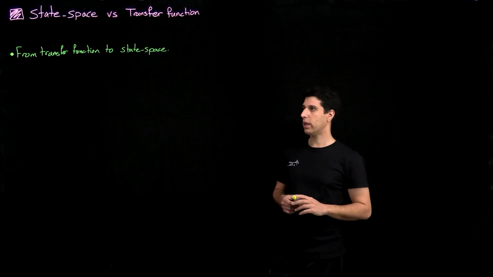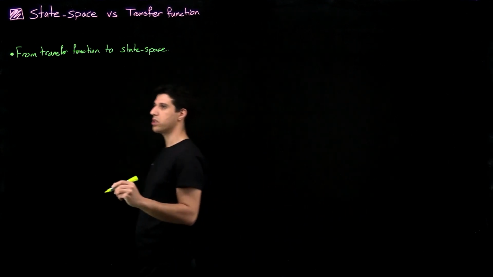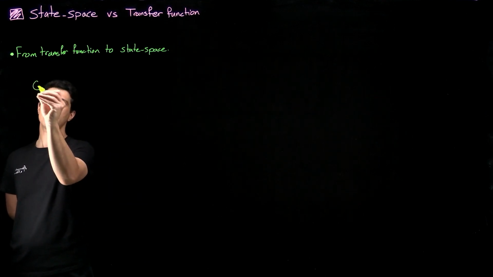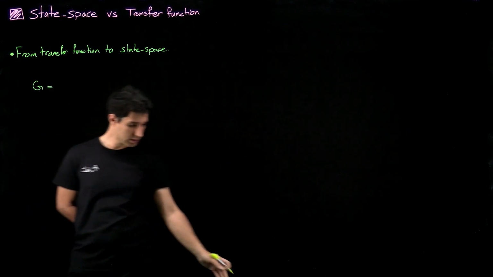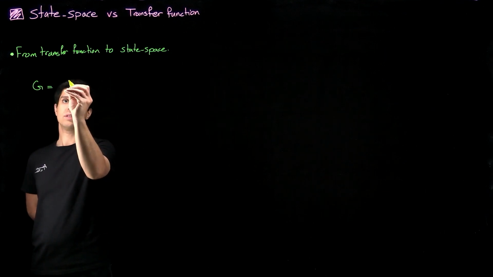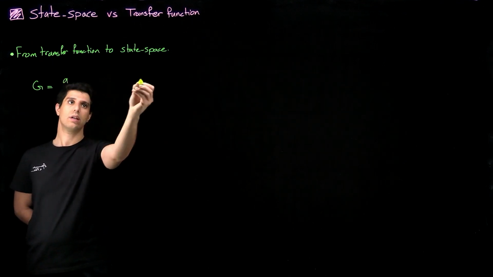The other one is for the situation when we have something called input derivatives. So it is very common that we have a transfer function that has some s terms in the numerator.